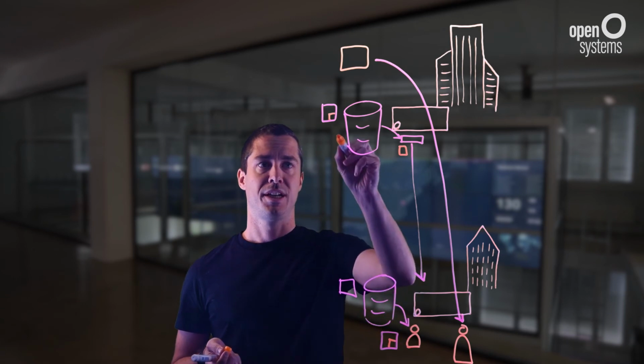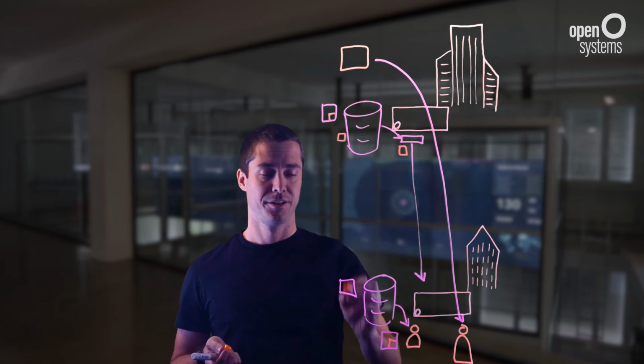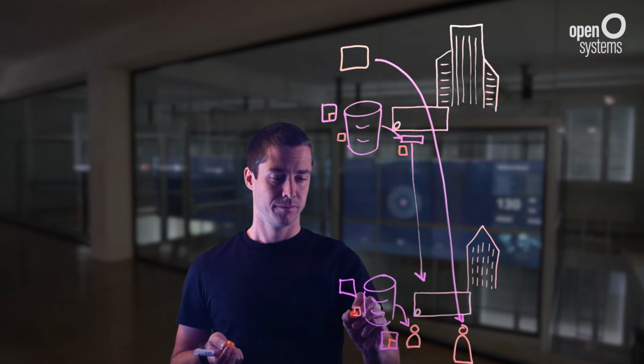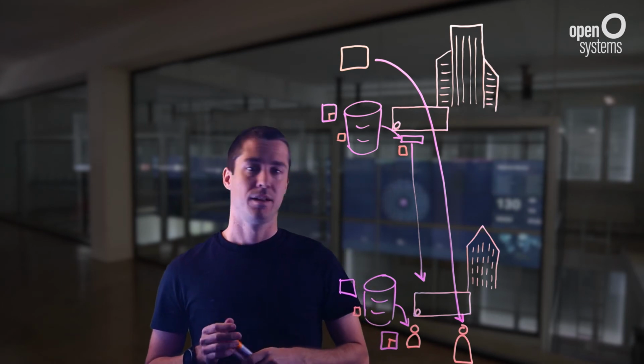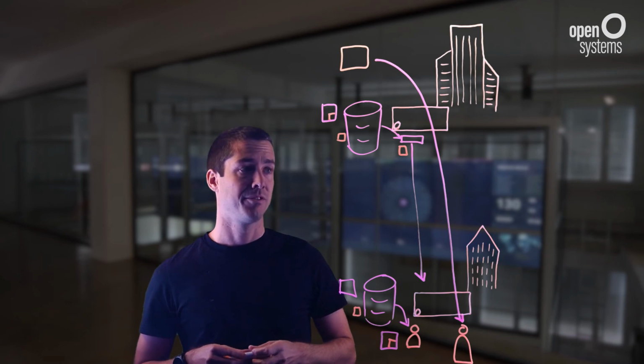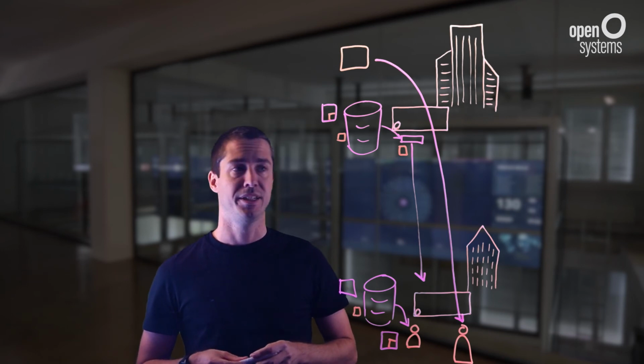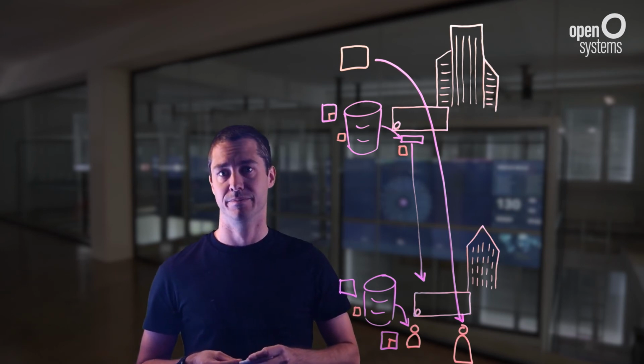And of course, that change would then also be stored in the cache. Like this, we can reduce the amount of data that has to be transferred between the edge devices drastically.